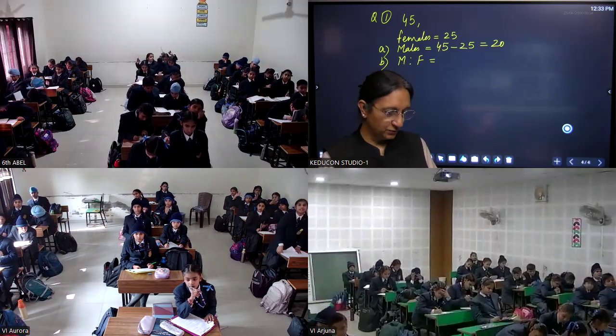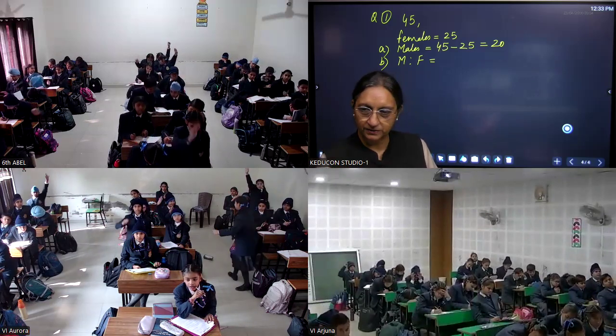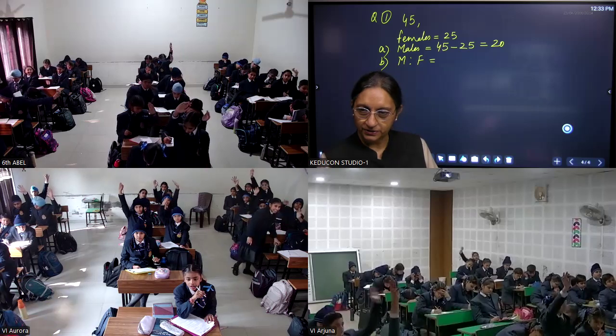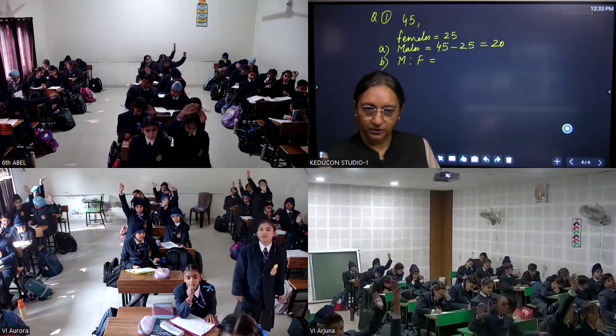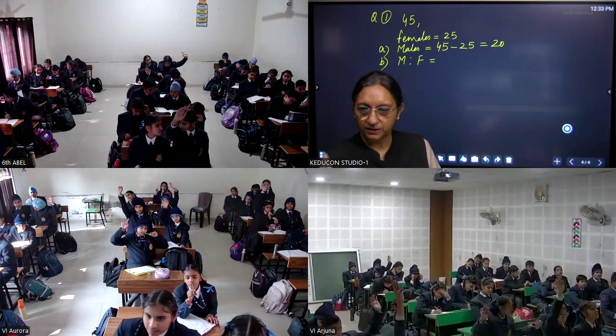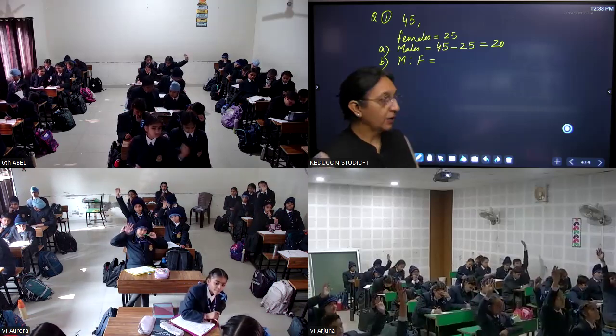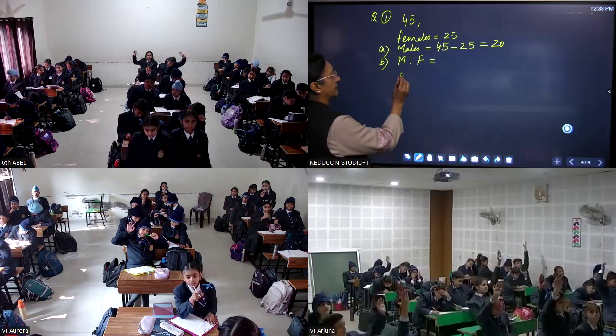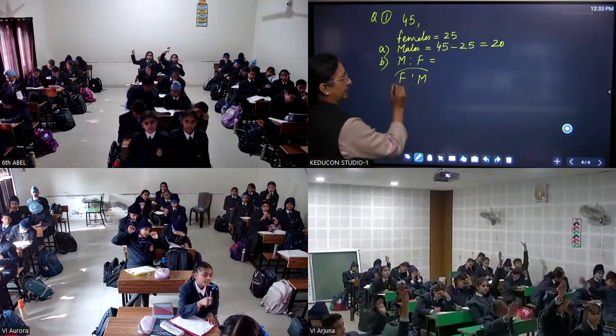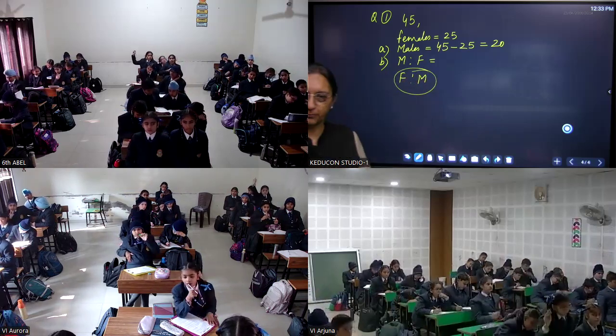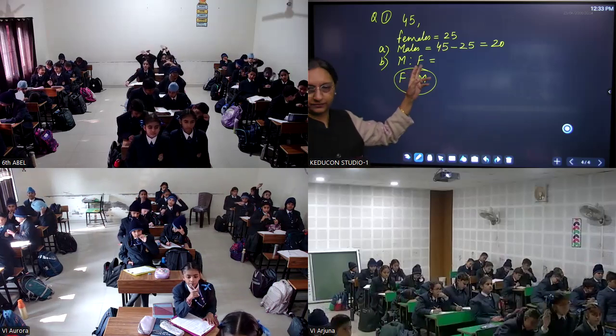Who have found it to be 4:5, raise your hand. Arjuna section, yeah, very good, because you have to do it in lowest terms also. After doing so, now tell me one thing, can I write it like this also? Is it important to write male first and then female?